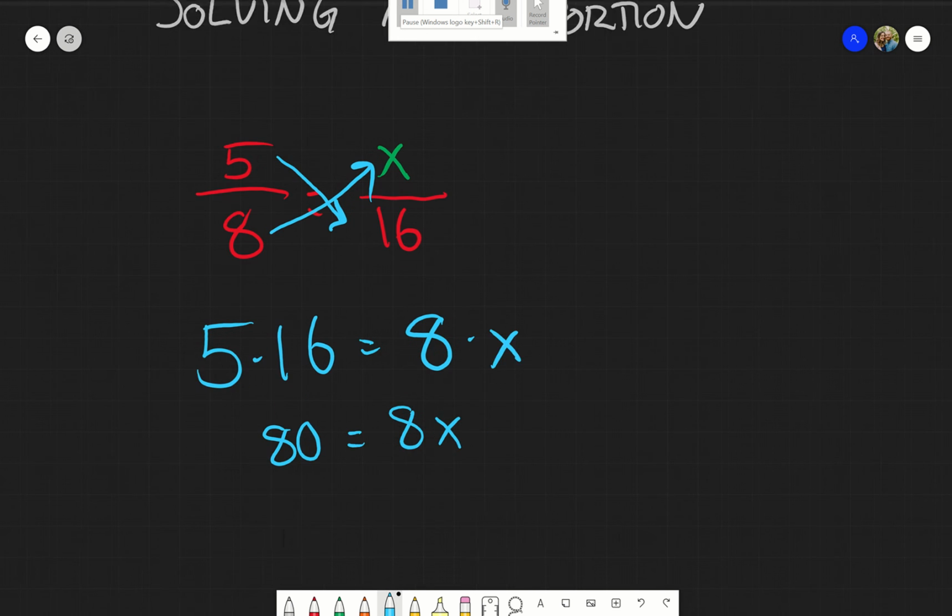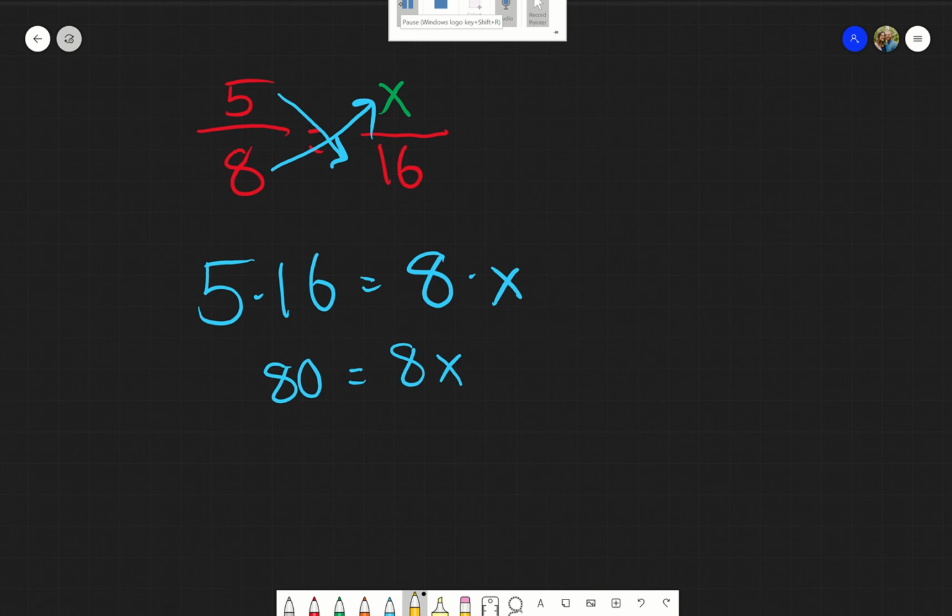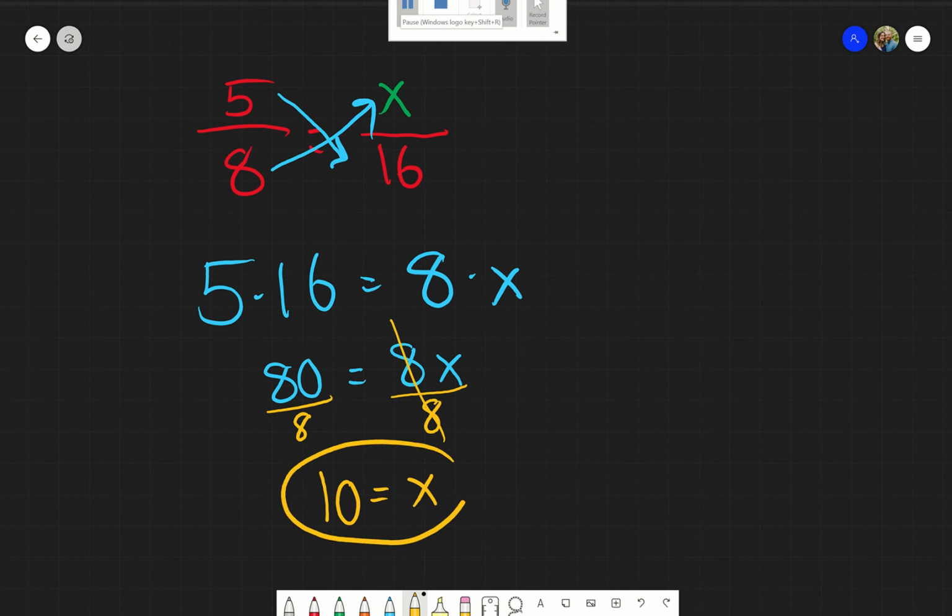Whenever we're solving an equation and trying to find the variable, we need to divide by whatever is right there. 8 divided by 8 gets rid of it. 80 divided by 8 is 10, equals x. Now we know the value of the missing number. It's 10. 5/8 equals 10/16.